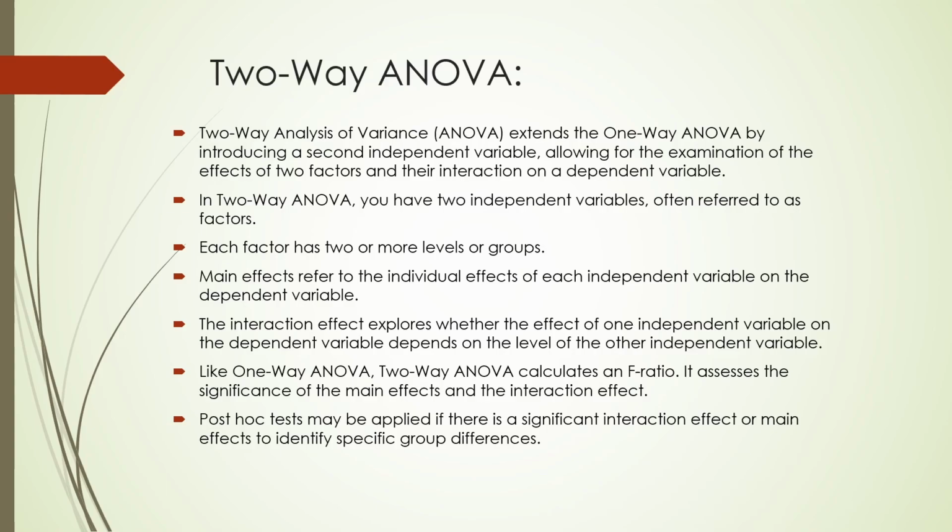The interaction effect explores whether the effect of one independent variable on the dependent variable depends on the level of another independent variable. Like one-way ANOVA, two-way ANOVA calculates an F ratio. It assesses the significance of the main effects and the interaction effect. And post hoc tests may apply if there is a significant interaction effect or main effect, to identify specific group differences.